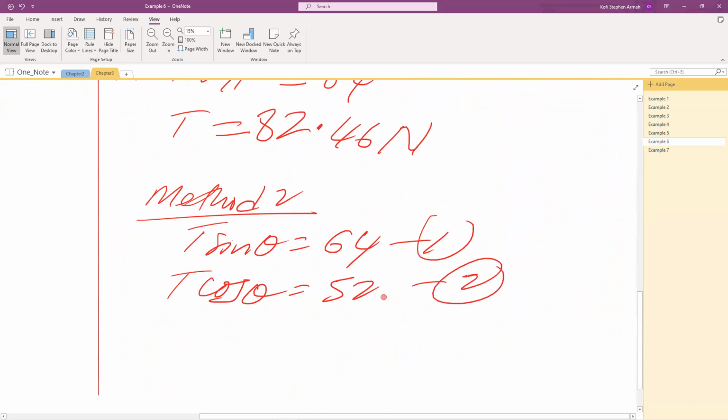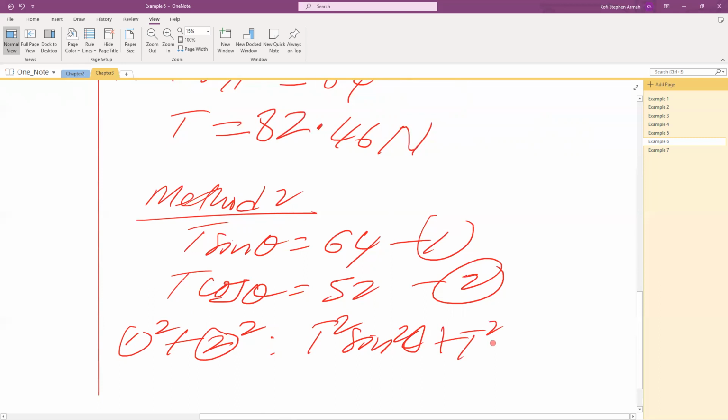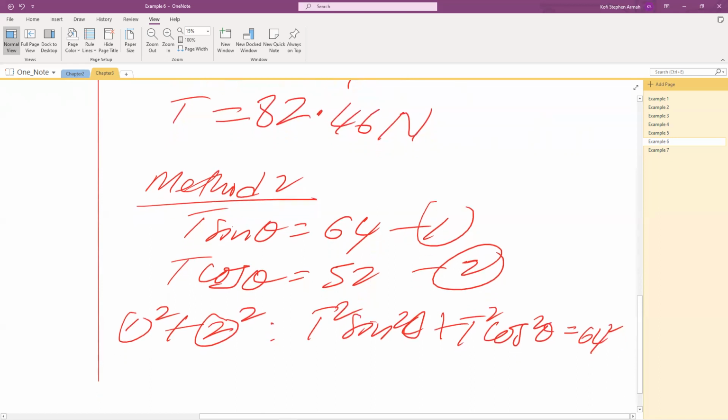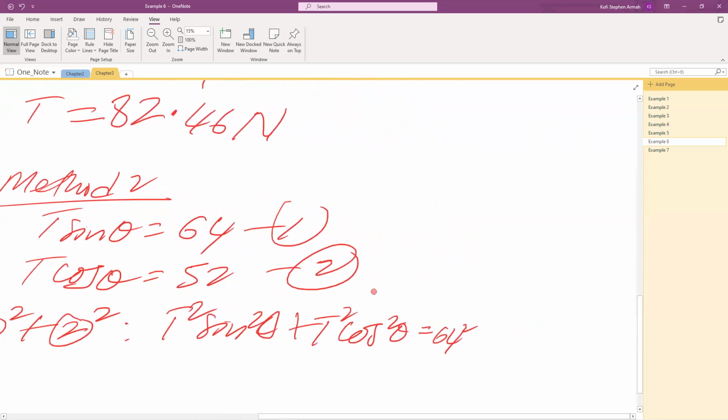You could also make use of sine square plus cos square equal to 1. So you do equation 1 squared, add equation 2 squared. You could have also done that. That will give us t square sine square theta plus t square cosine square theta, and this is equal to 64 square, whatever 64 square is, add 52 square.